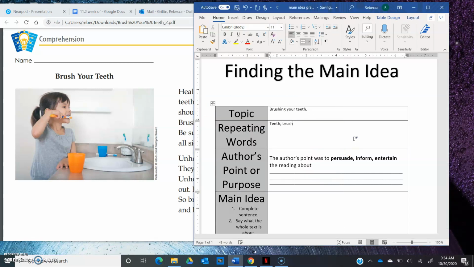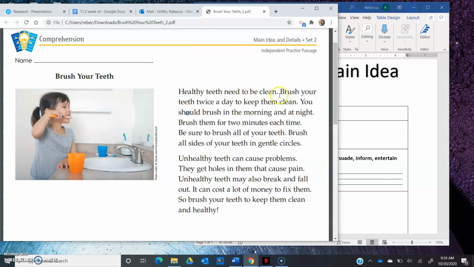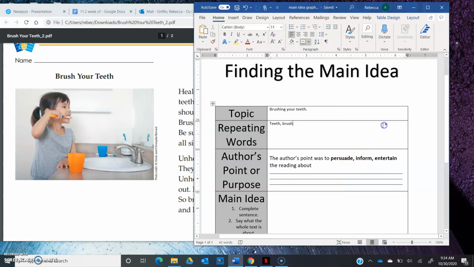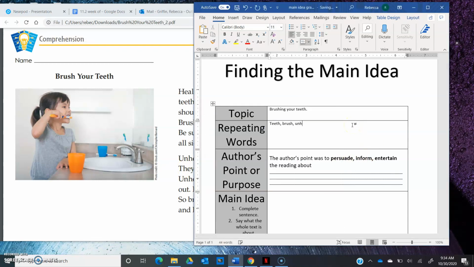I also see the word brush a lot in here. 1, 2, 3, 4, 5, just in that first paragraph. And then in this last paragraph, I think that the word I see happening more than one time is unhealthy, because it's talking about unhealthy teeth.